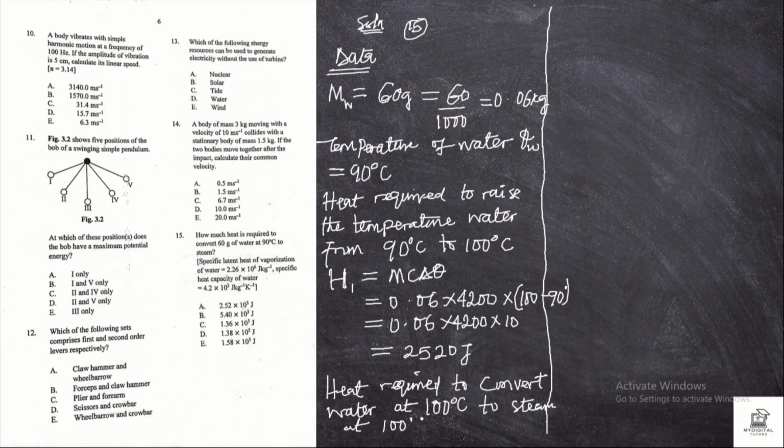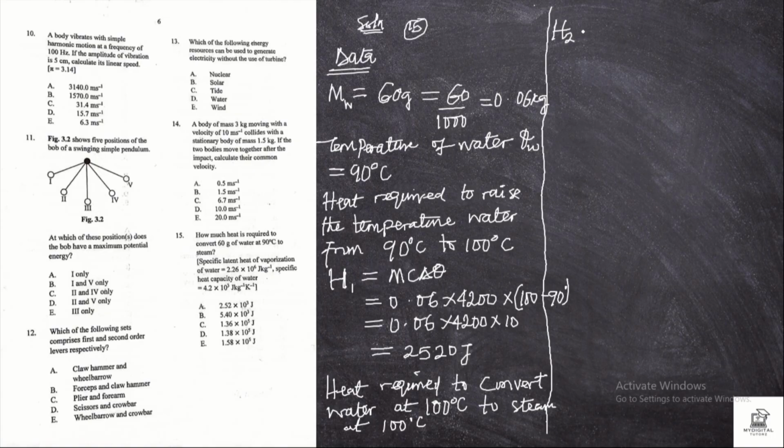So you see, that's what I'm talking about, phase change at constant temperature, latent heat of vaporization at this point in time. So that is the quantity of heat. Let's call it H2, the quantity of heat to convert water at 100 degrees Celsius to steam at 100 degrees Celsius. We call it H2.